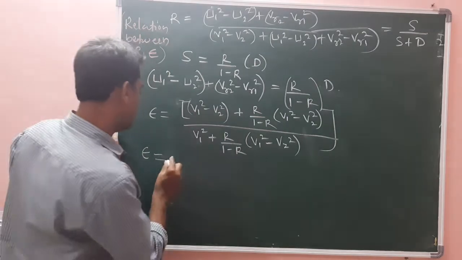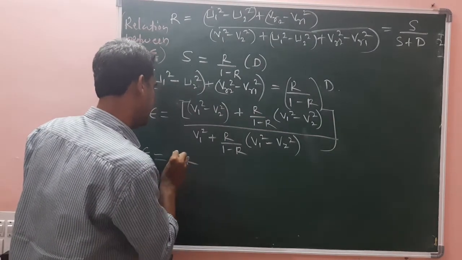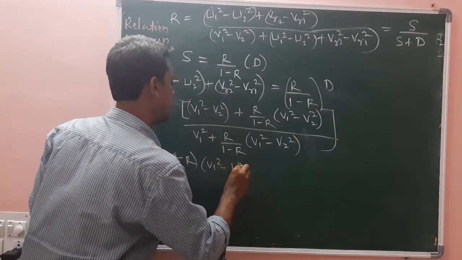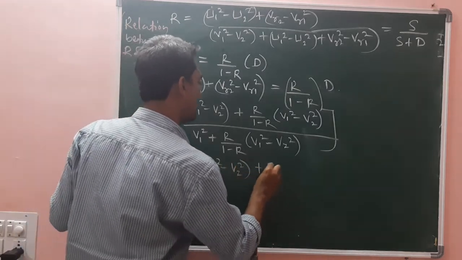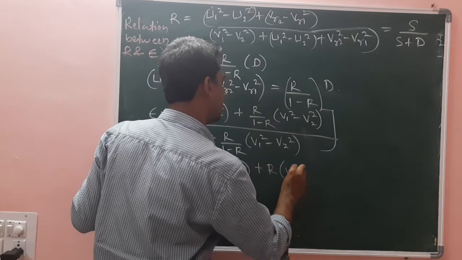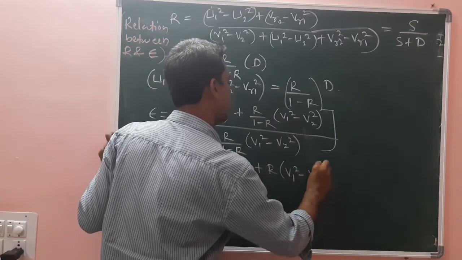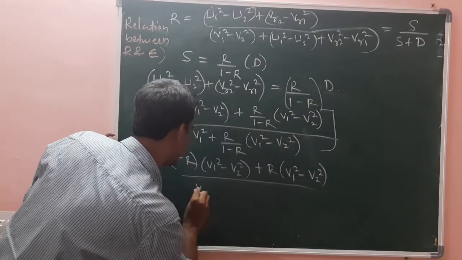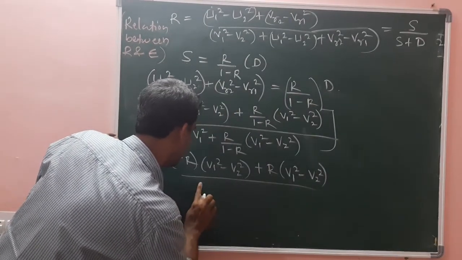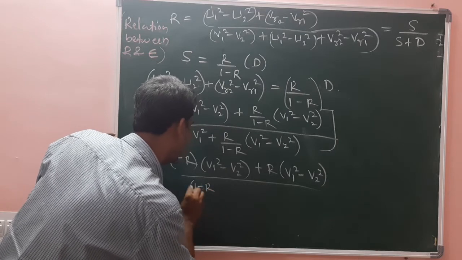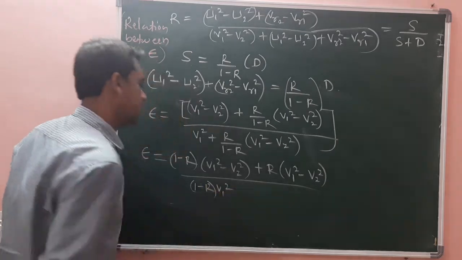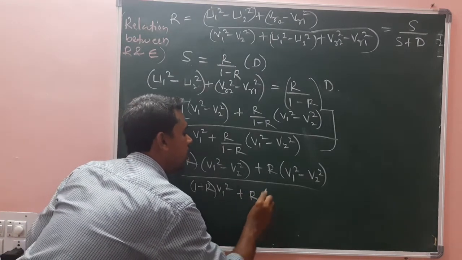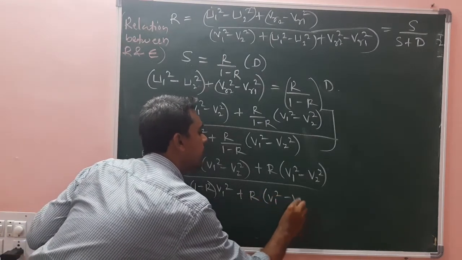Therefore, it will be 1 minus R into (v1 square minus v2 square) plus R into (v1 square minus v2 square), divided by 1 minus R into v1 square plus R into (v1 square minus v2 square).